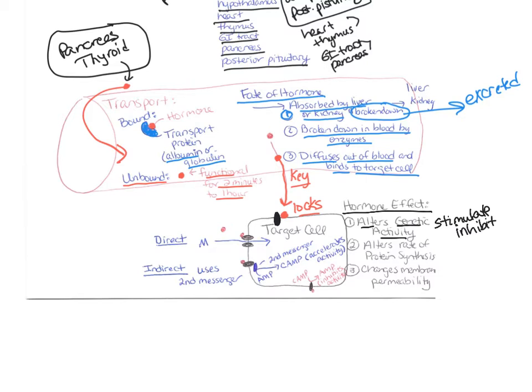But anyway, it can alter that genetic activity. The other thing that can happen is that the hormone could also alter the rate of protein synthesis. So for example, if that hormone were testosterone, and testosterone bound to the receptor, then testosterone can make the cell go through transcription and translation and produce more proteins.